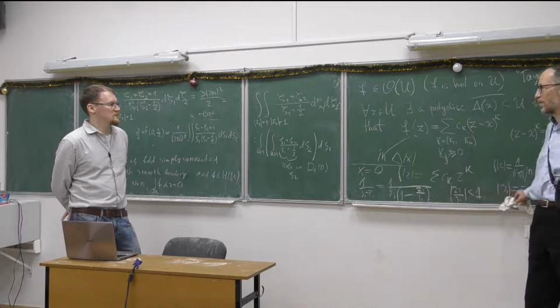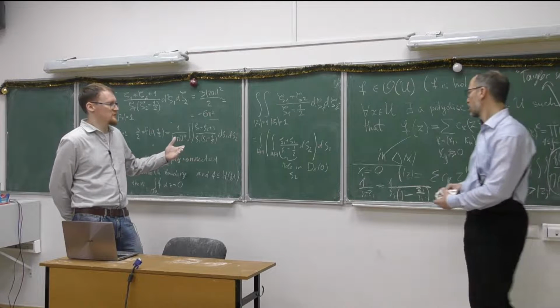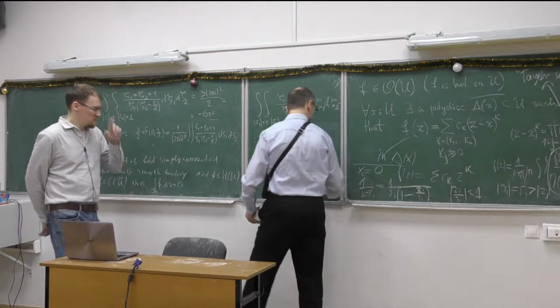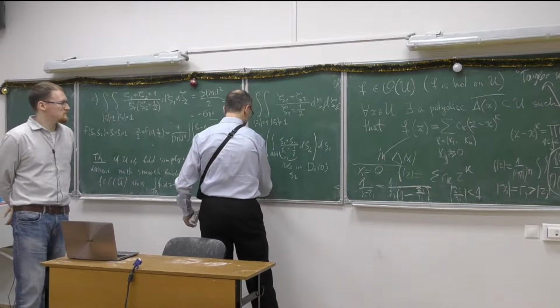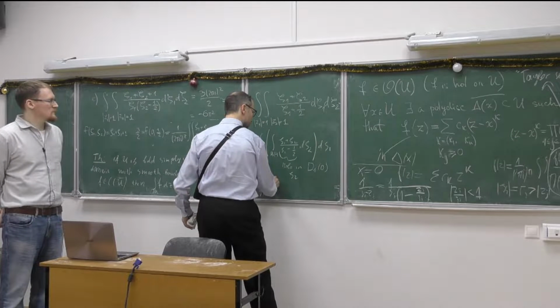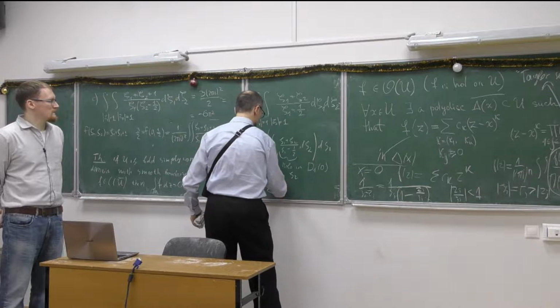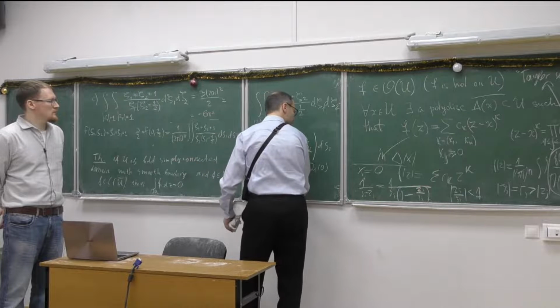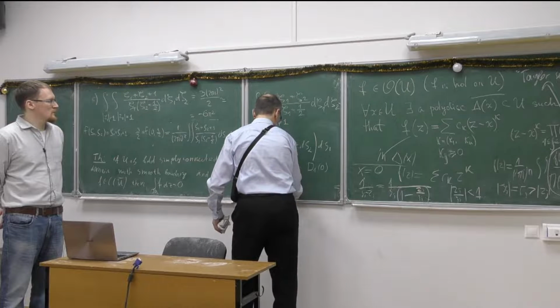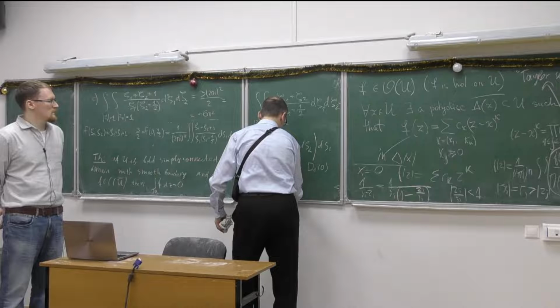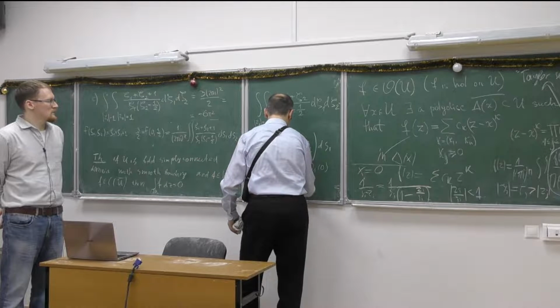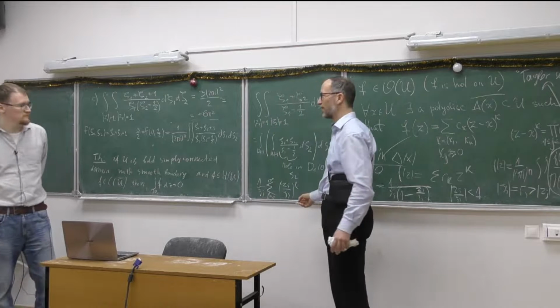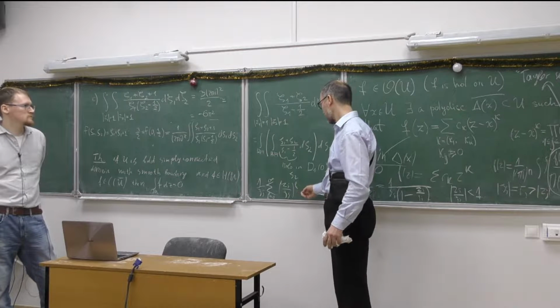It is the geometric series. We can write it as 1 over zeta_j times the sum over l from 0 to infinity of (z_j divided by zeta_j) to the power l. That's the preliminary Taylor series.